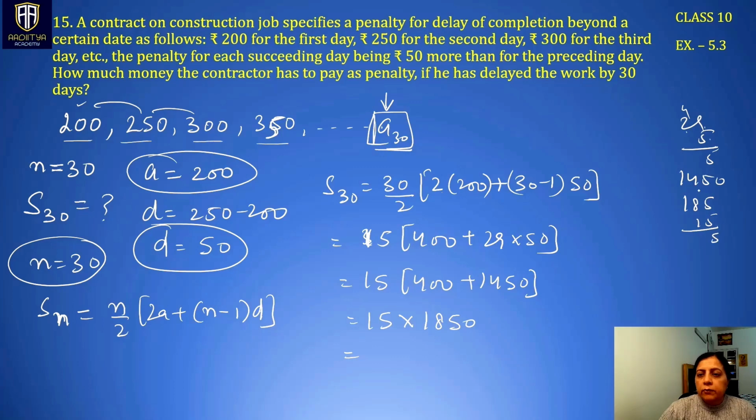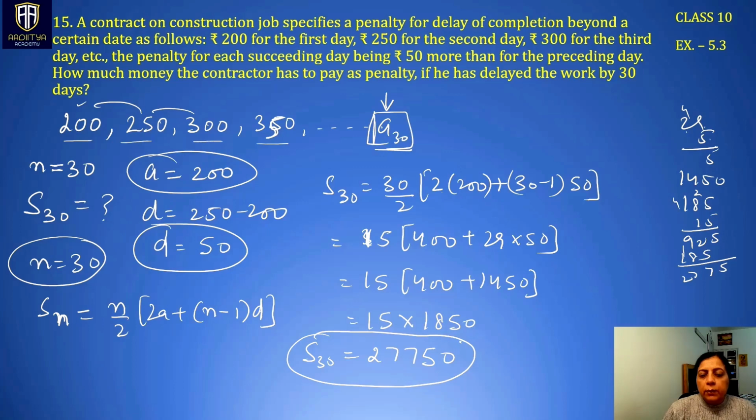So we have 185 multiplied by 15. 5 fives are 25, 2, 42, 4, 9. This is 185. 5772. This is 27750. So after the work being delayed by 30 days, the contractor has to pay rupees 27,750 as penalty.